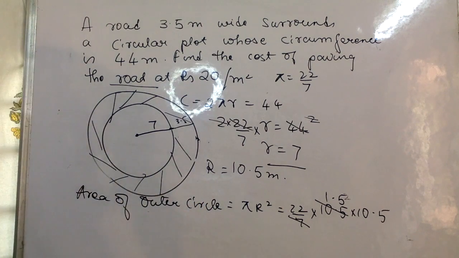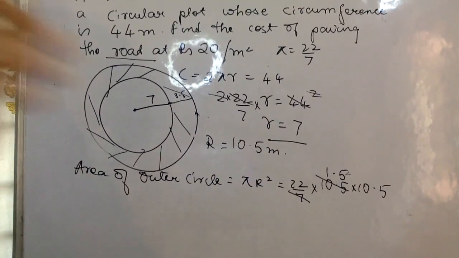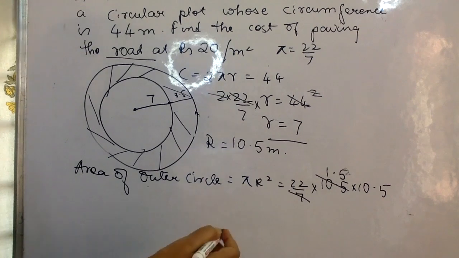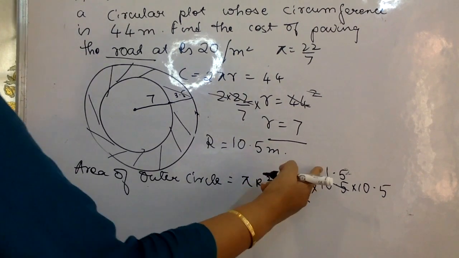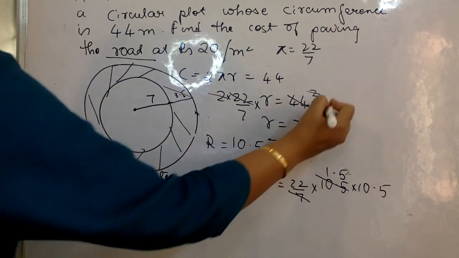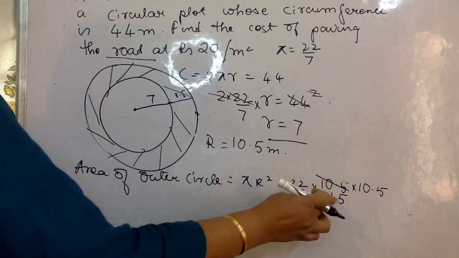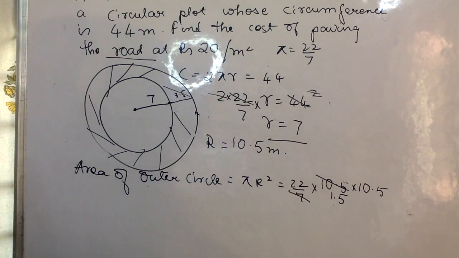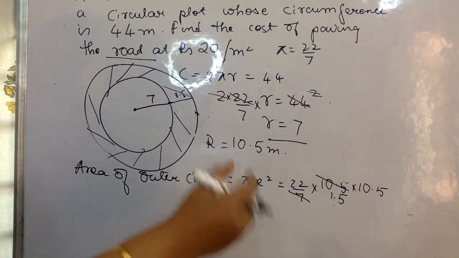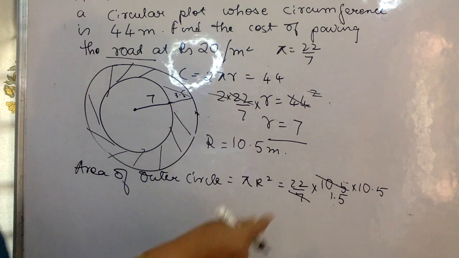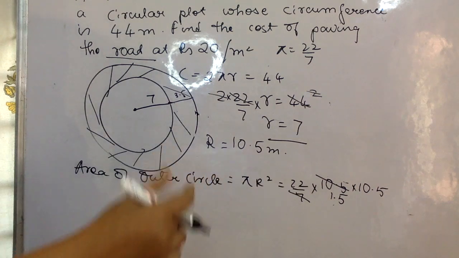Now the area of the inner circle also we have to find, but first let me finish with this. So here 1.5. I have cancelled 10.5 with the 7, and it comes to 1.5. After that, this is a big decimal multiplication.